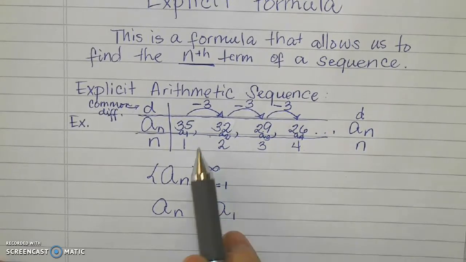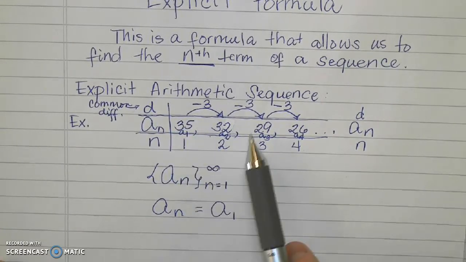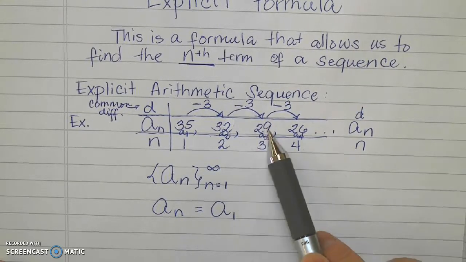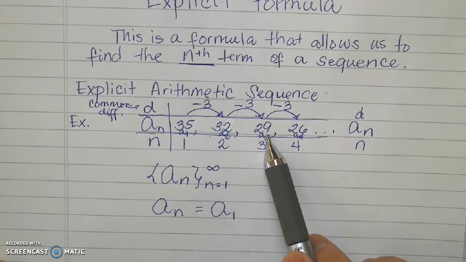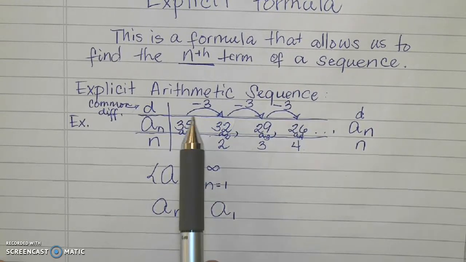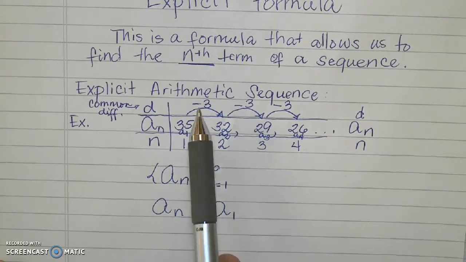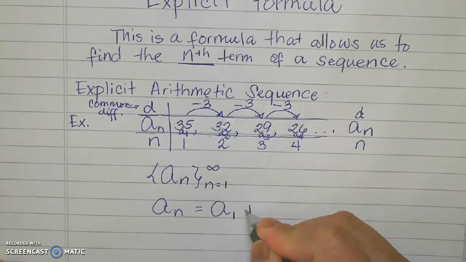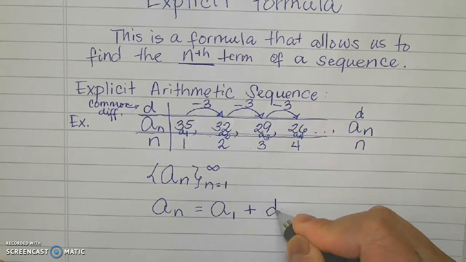For us to go from 35 to 32, we are subtracting a 3. From 32 to 29, we are subtracting another 3. Notice that as we go, we are really adding the common difference. In this case, subtracting, I will just say you're adding the common difference of D.